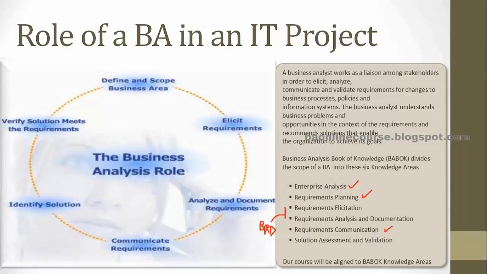Since you are interacting with the various stakeholders, you could also manage the communications. And then finally, you will help in the solution assessment and validation. Or mostly in the industry terms, you will get involved in the testing as well, system testing and user acceptance testing. Right? So these are the 6 knowledge areas which a business analyst needs to possess.